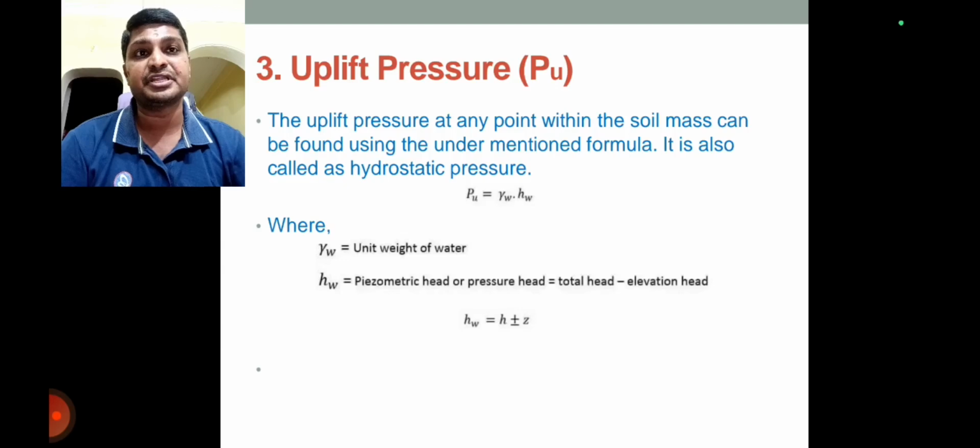The uplift pressure at any point within the soil mass can be found using the formula P_u = γ_W h_w, where γ_W is the unit weight of the water and h_w is the piezometric head or pressure head. How can we find it? Total head minus elevation head, that is h_w = h + r − z.